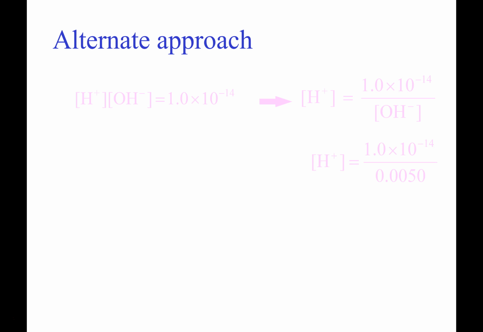So divide that out and you get the hydrogen ion concentration is 2 times 10 to the negative 12 moles per liter. And then to get the pH, we take the negative log of 2.0 times 10 to the minus 12.